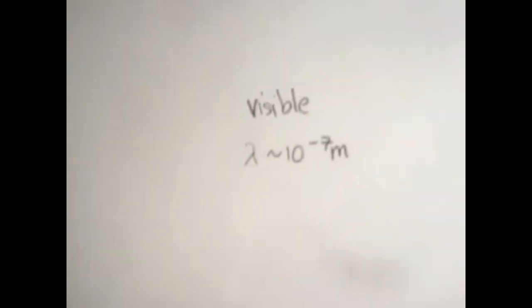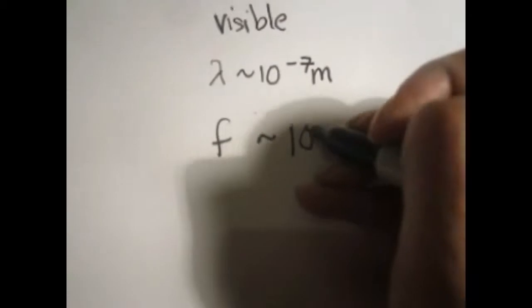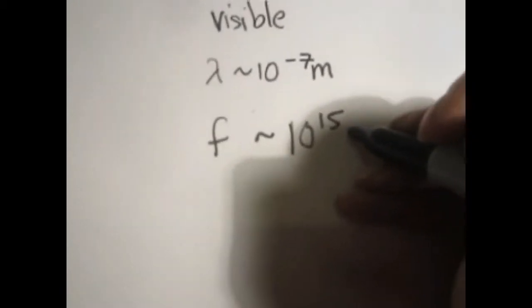I use this ionizing property of electromagnetic radiation to remember all my parts of the electromagnetic spectrum. I always start off with visible, because visible light is the light we see, and that's got a wavelength of about 10 to the minus 7 meters and a frequency of about 10 to the 15 per second.